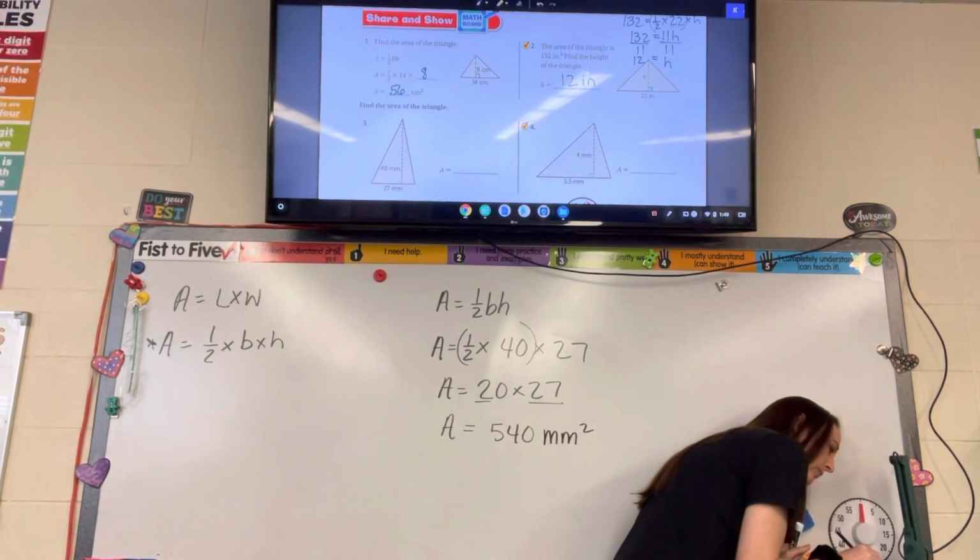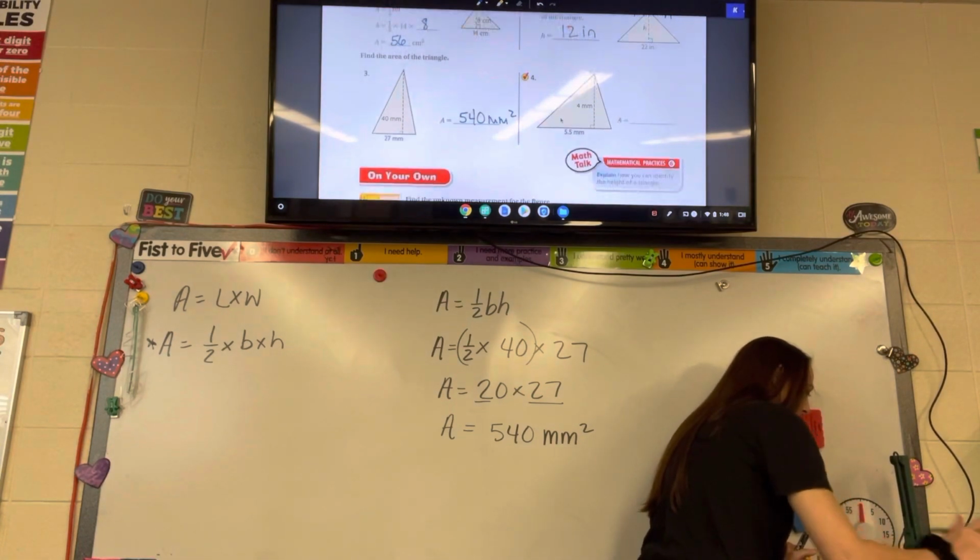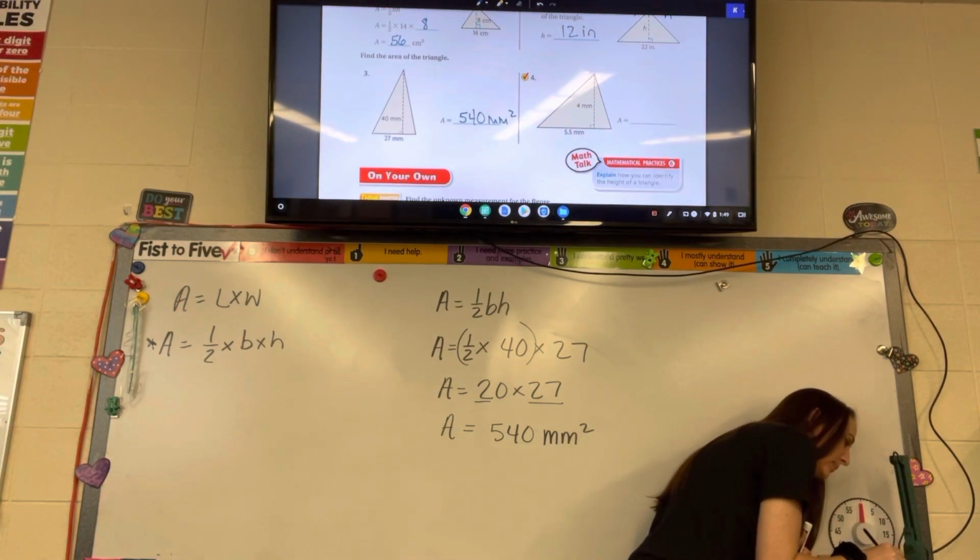And I want you to write out the problem so that you'll have a good example. Area equals 1/2 BH. Area equals 1/2 times 27 times 40.